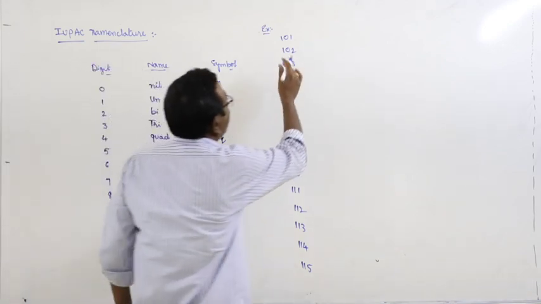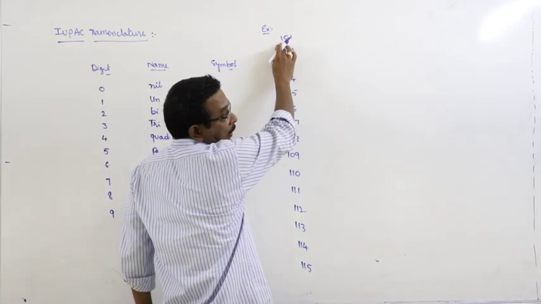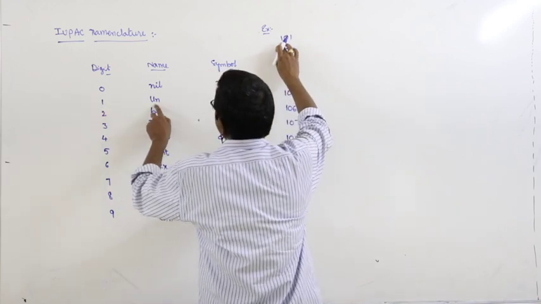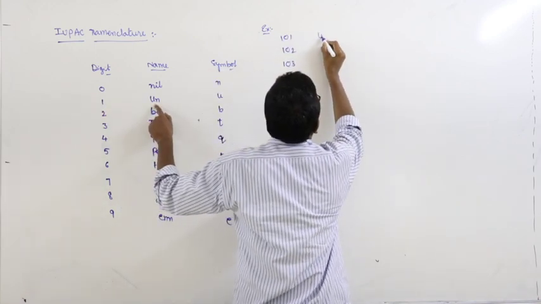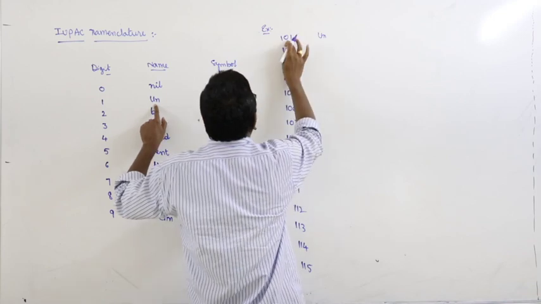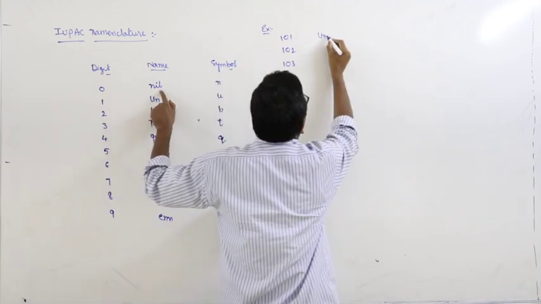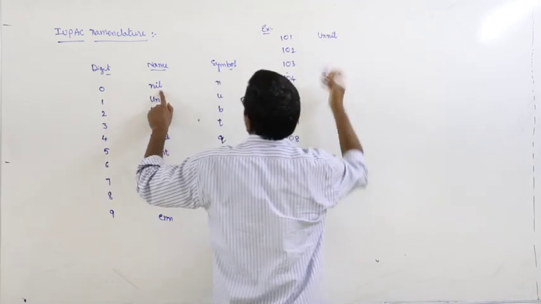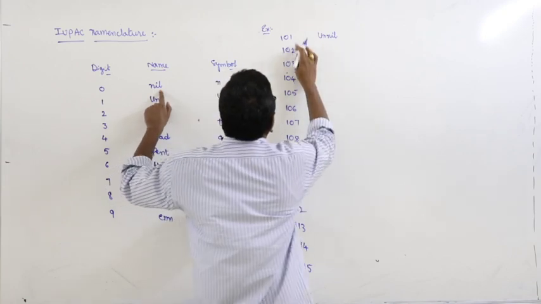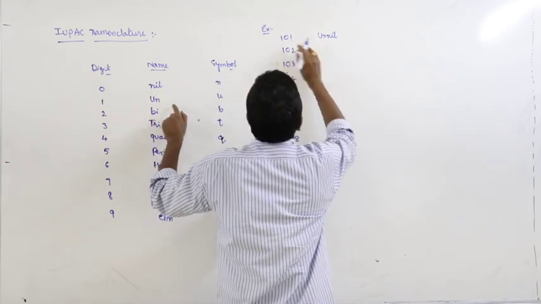Now, what is the first digit? 1. 1 is represented as un. Next one 0. 0 is represented as nil. And once again 1.